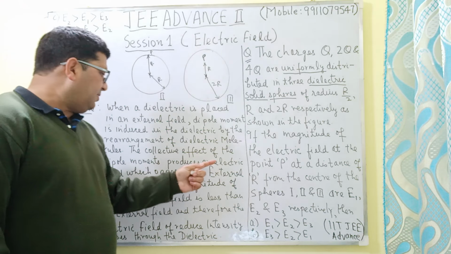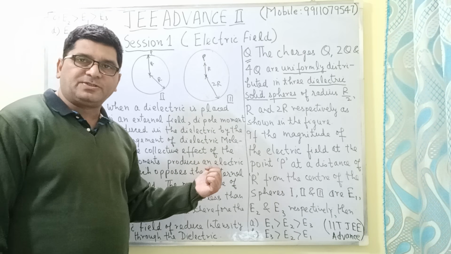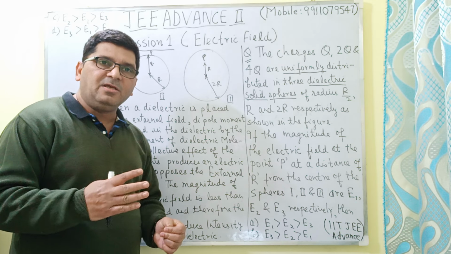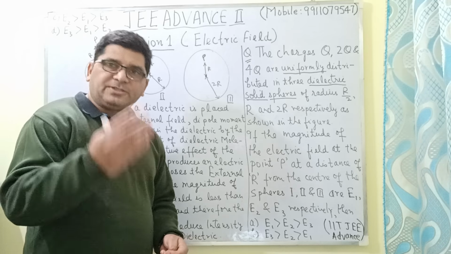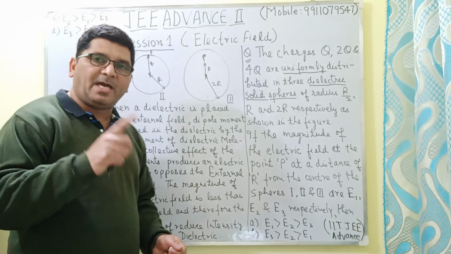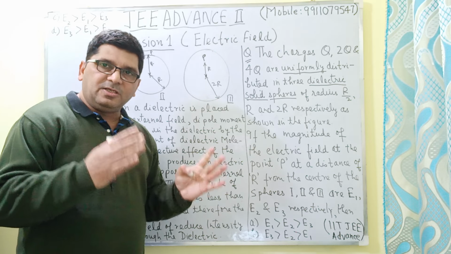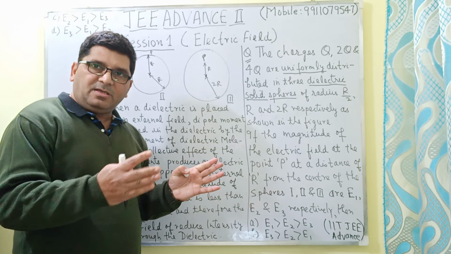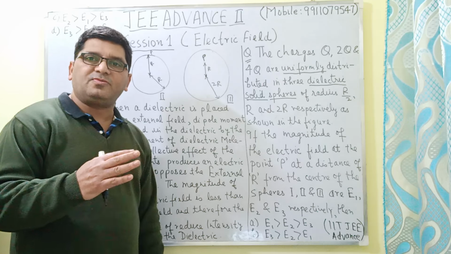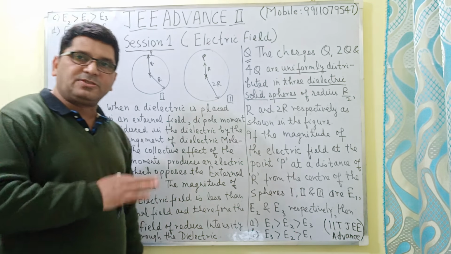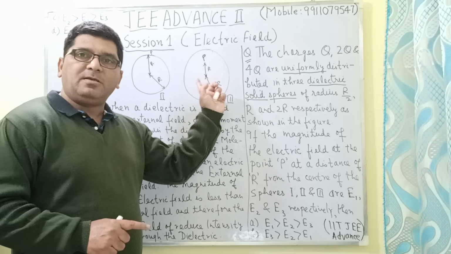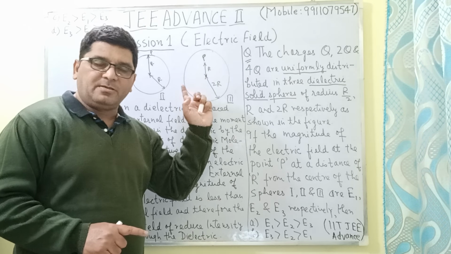Now the collective effect of all the dipole moments produces a net electric field which opposes the external field. However, the magnitude of the induced electric field in the dielectric is less than the magnitude of the external field, and as a result, the electric field lines pass through the dielectric.